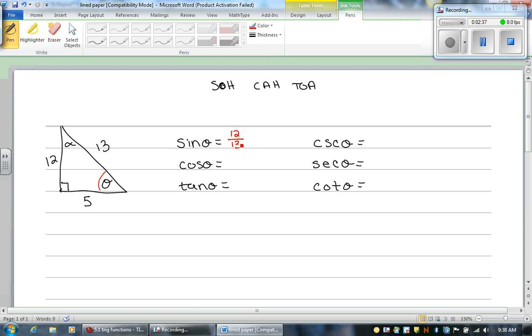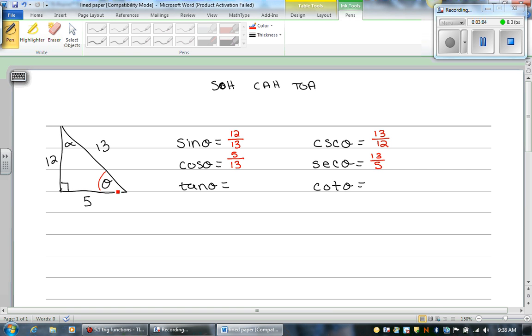Cosecant, we can very quickly find because we know it's the reciprocal of sine. We can simply take this ratio and flip it. We take the reciprocal. Cosine is adjacent, connected to it, over hypotenuse. And secant is going to be the reciprocal of that, so 13 over 5.